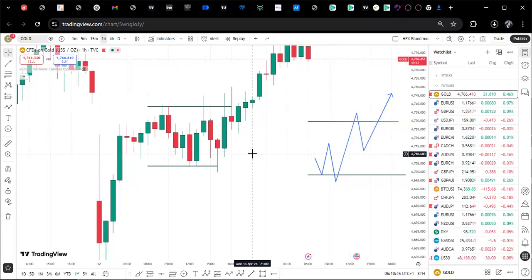Now the market is driven by, we've talked about liquidity. That's one. Number two is fear. Sometimes we can check the fear and greed index of the market to know if they're fearful or greedy.